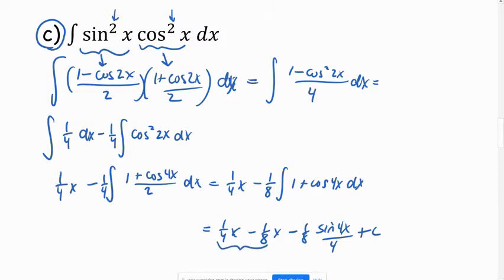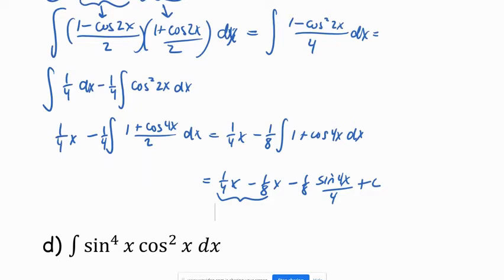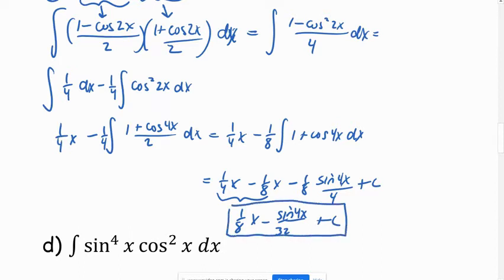Actually, we can combine these together. 1/4 x take away 1/8 x is just 1/8 x. And then this would be 1 over 32. We can call it sine 4x over 32 plus c. And that's a more simplified answer.